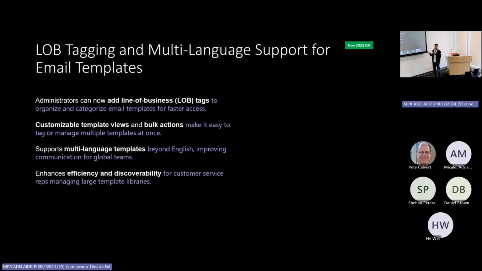Now you can categorize it in a nice way. I know a lot of marketing automation tools have had this in the past, but it's good to see that this has come to Dynamics 365 as well. And also better multi-language support for different templates too. Maybe you just don't want AI just translating verbatim all your English-based templates. So it's just going to help for global teams as well.